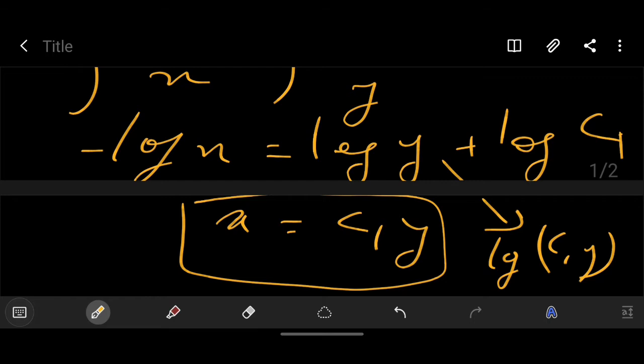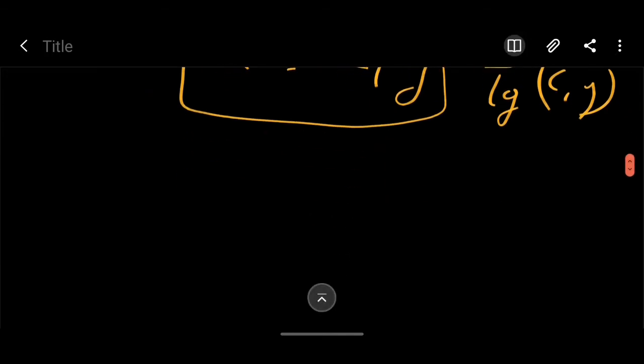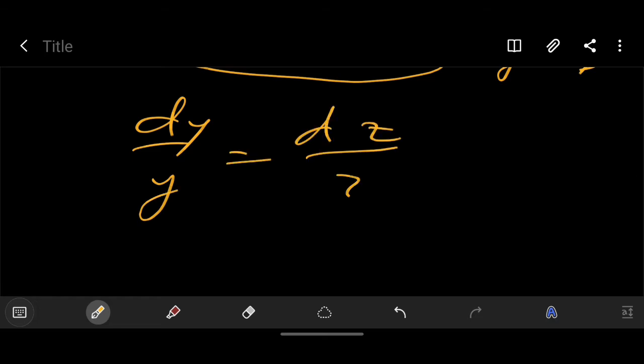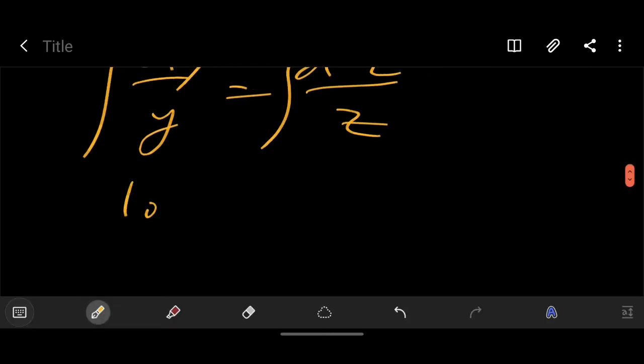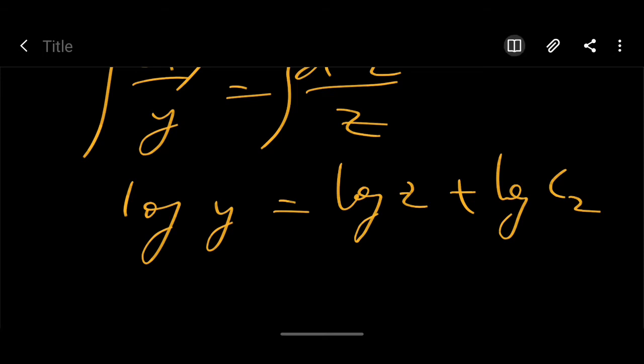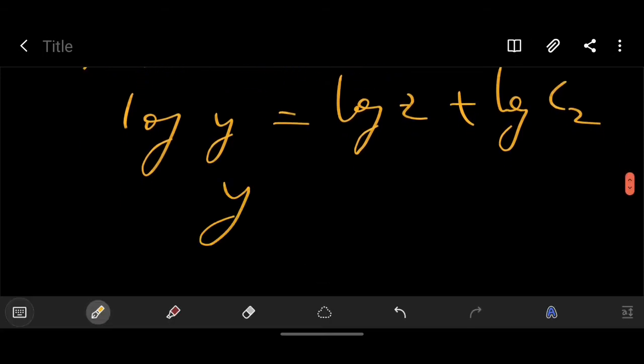This is the first case, and then we can take another. We take the last two terms, dy by y equals dz by z, and integrate. Then we get log of y equals log of z plus log of c2, so y equals c2 z, just like before.